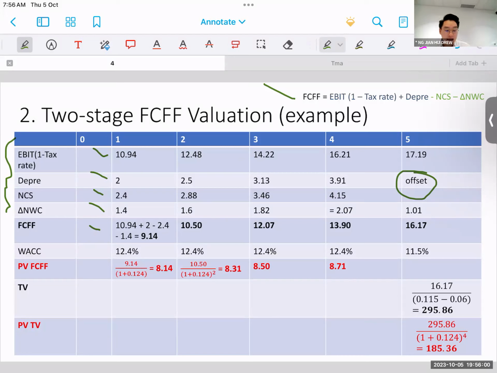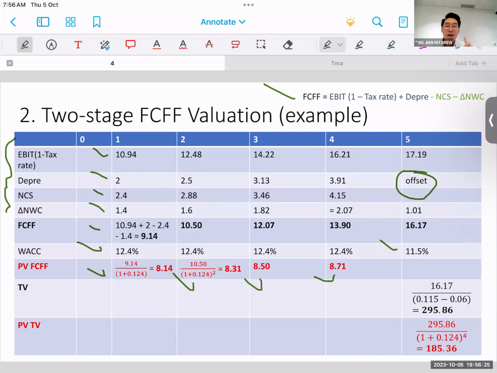We have calculated WACC. Remember, at high growth for the first 4 years it is this, and at normal growth it drops. It's less risky, so WACC drops. Then what do we do? We PV the FCFF, which we have done here, using the WACC.